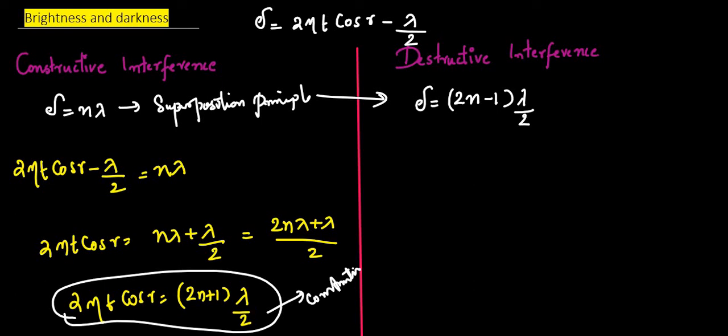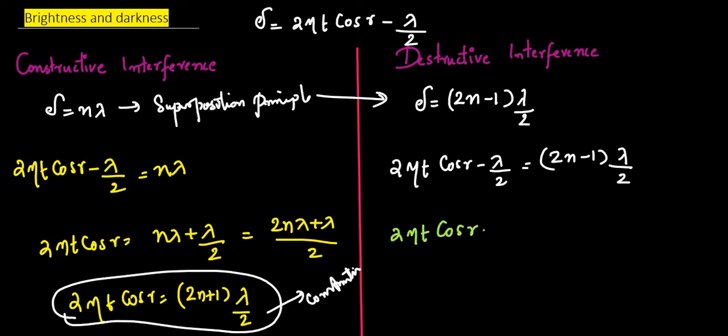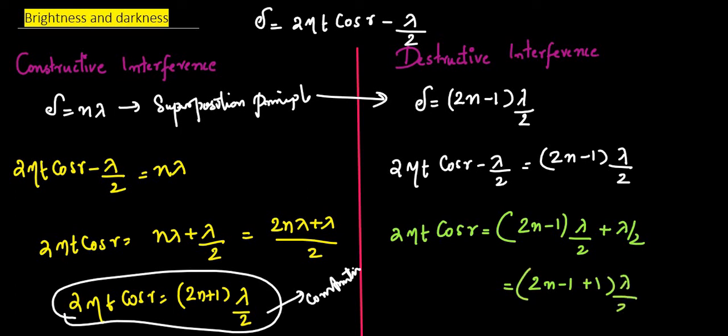Similarly, for destructive interference, we have 2 mu t cos r minus lambda by 2 equal to 2n minus 1 lambda by 2. Therefore 2 mu t cos r equal to 2n minus 1 lambda by 2 plus lambda by 2, equal to 2n minus 1 plus 1 lambda by 2.